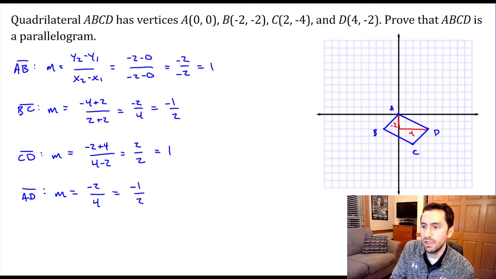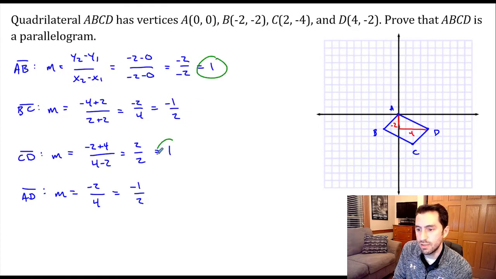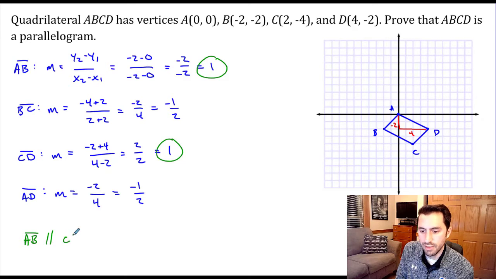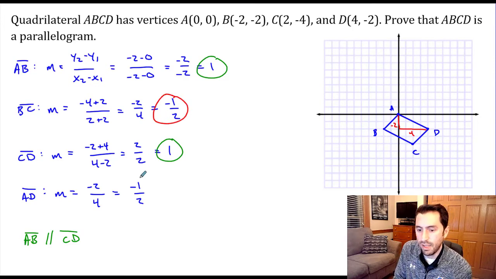So now taking a look here, AB has a slope of 1, CD has a slope of 1. Because they have the same slope, that means that AB is parallel to CD. BC has a slope of -1/2. AD has a slope of -1/2, so that means that those two segments are parallel.